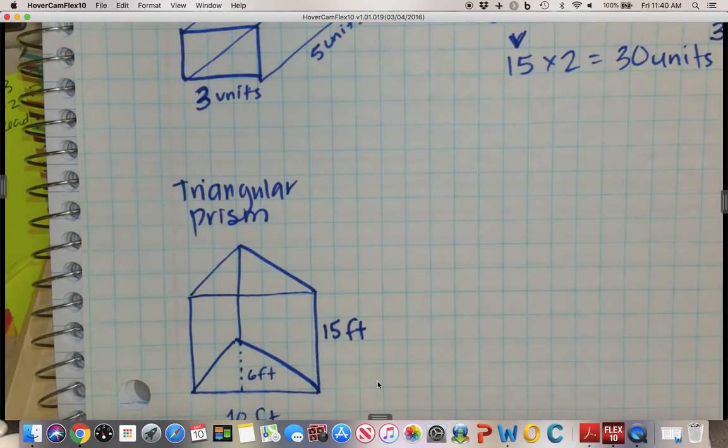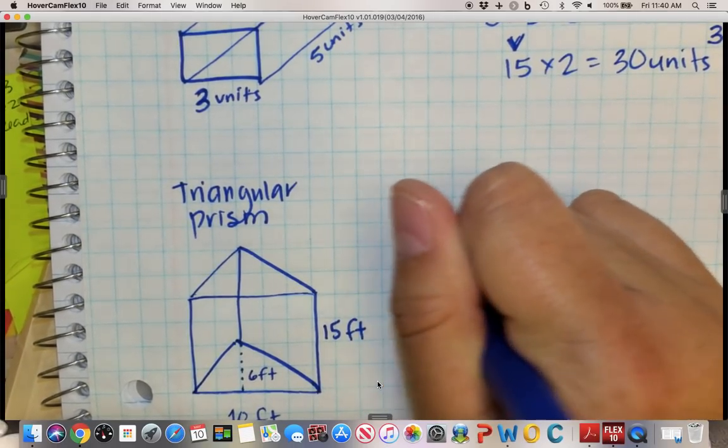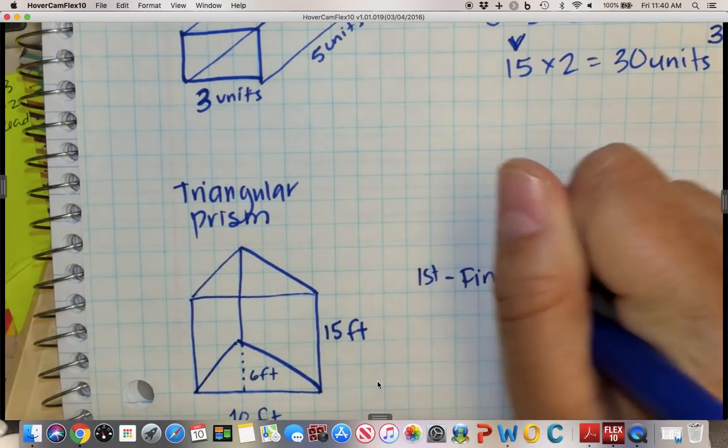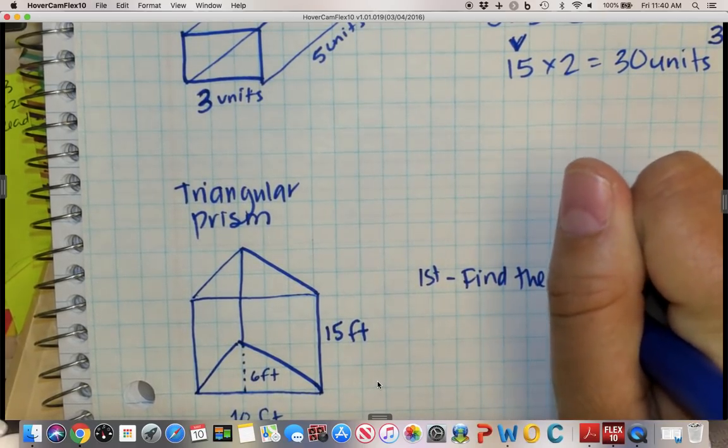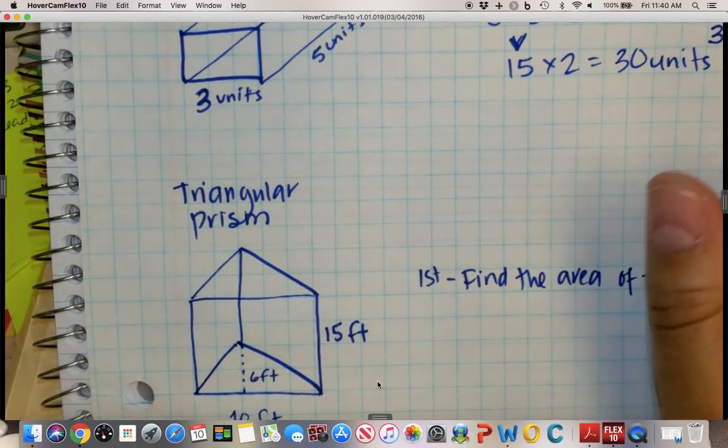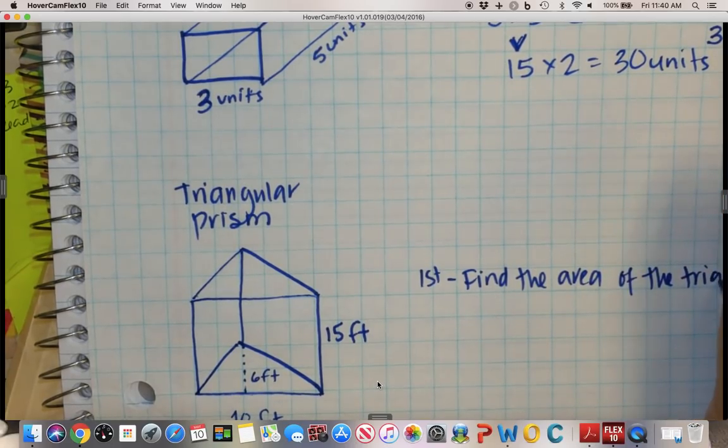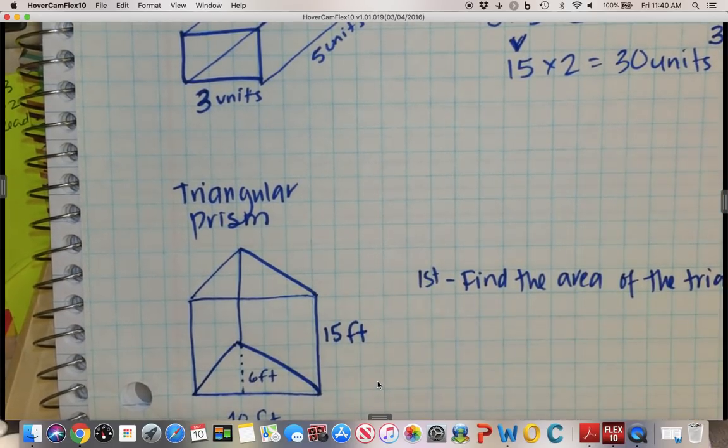So the first thing I'm going to do is I'm going to find the area of the base, or the triangle. We'll just call it the triangle. One triangle, because we know we're going to have two of them.